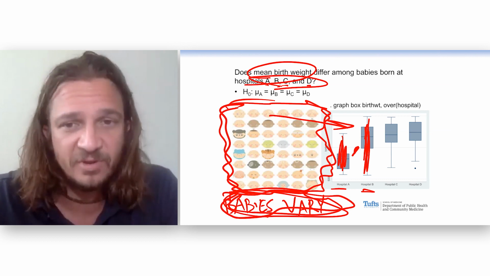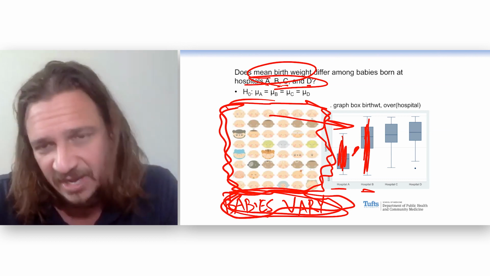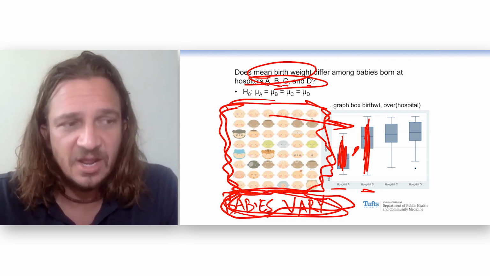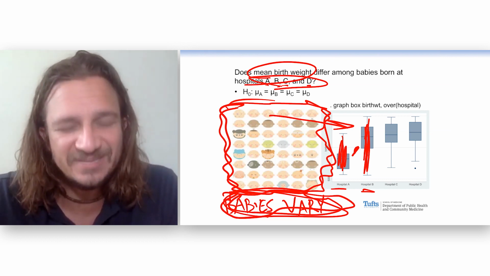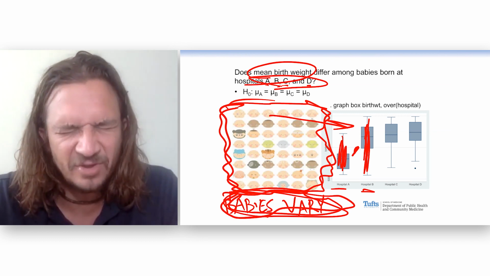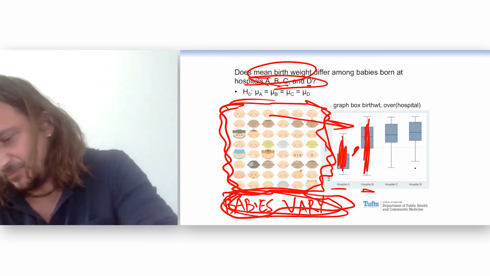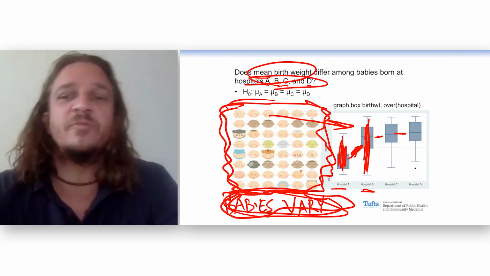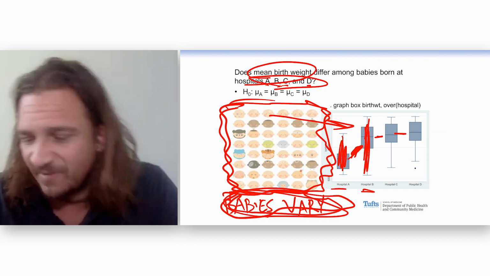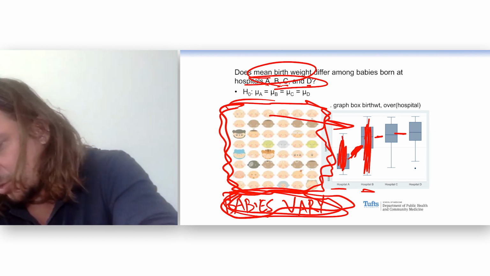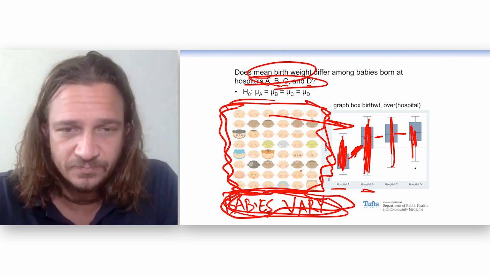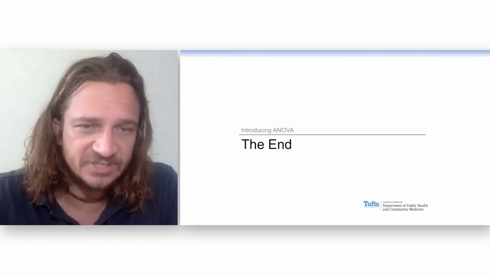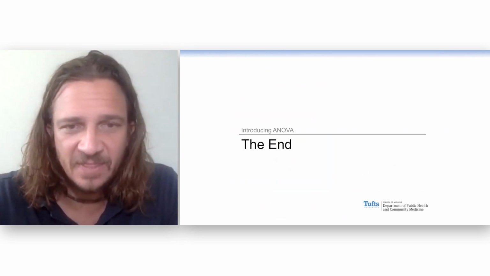And that variability we are going to label as between group variability. And this ANOVA test analyzes how much difference is the variability between the groups, this sort of signal between this group and this group and this group and this group and this group, and relative to the variability within the group, the noise. And that's why it's the analysis of the variance. We'll do the mechanics of this in the next set of slides.